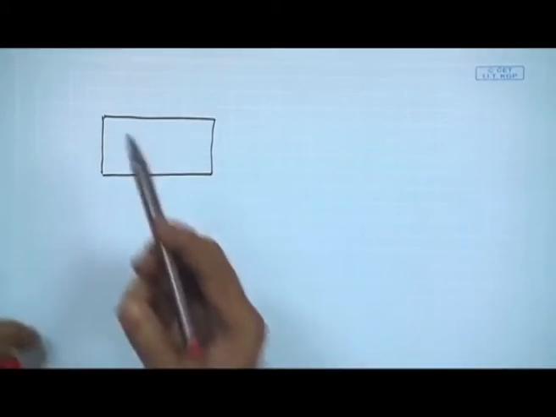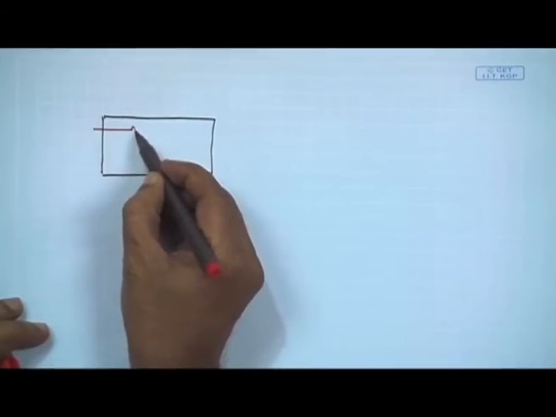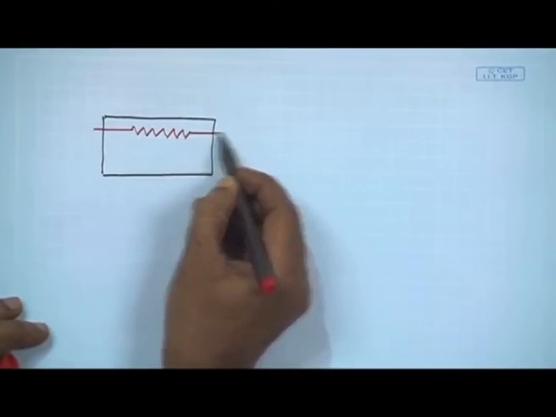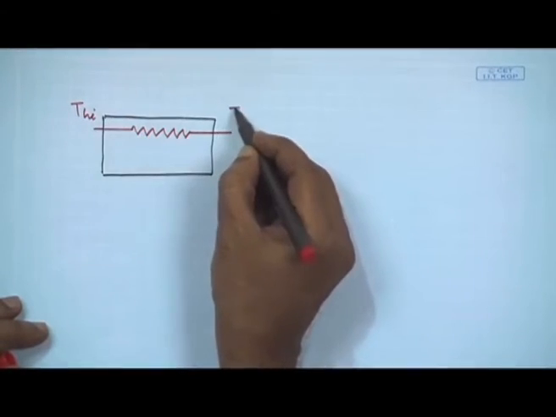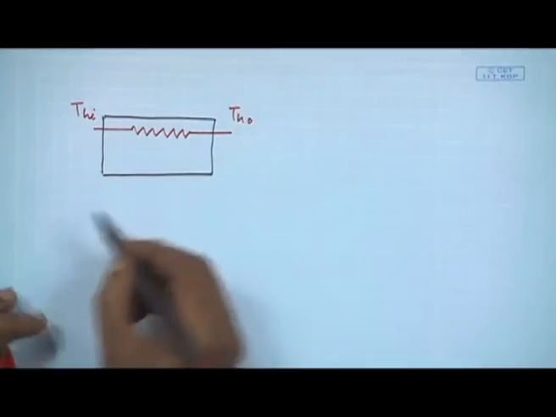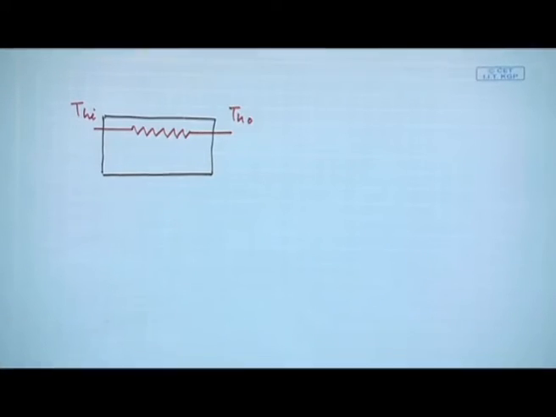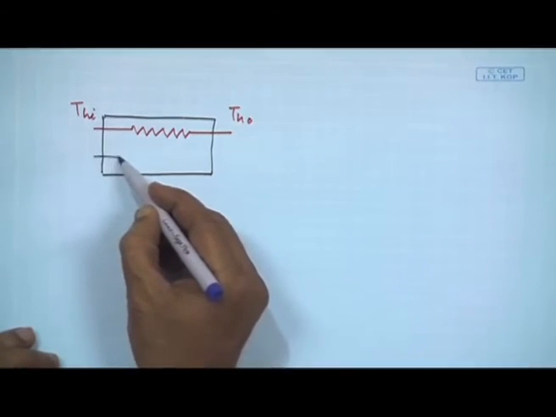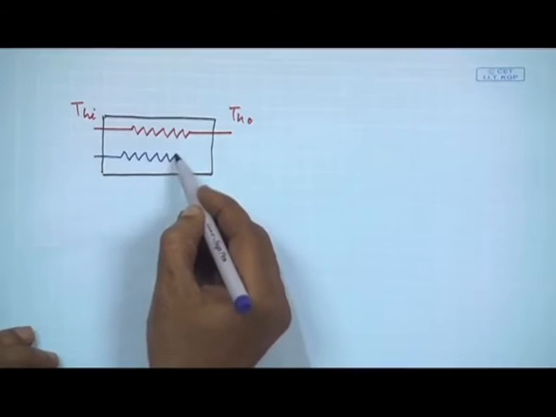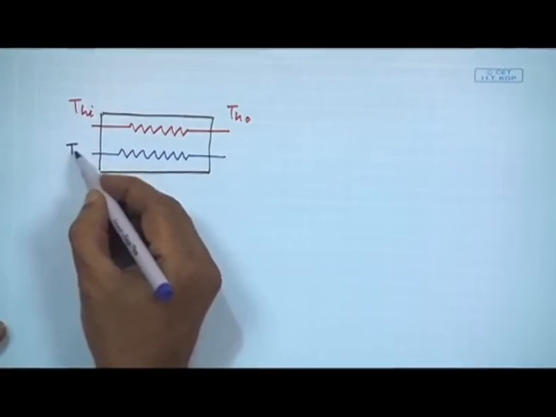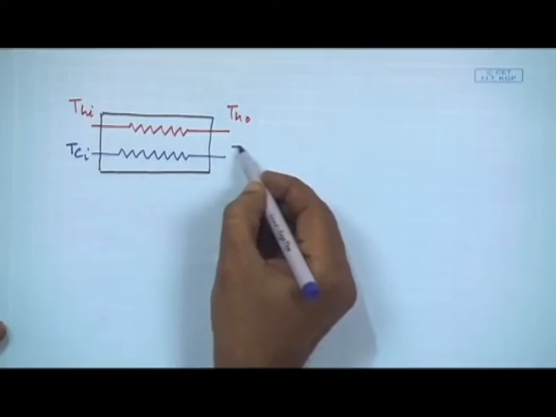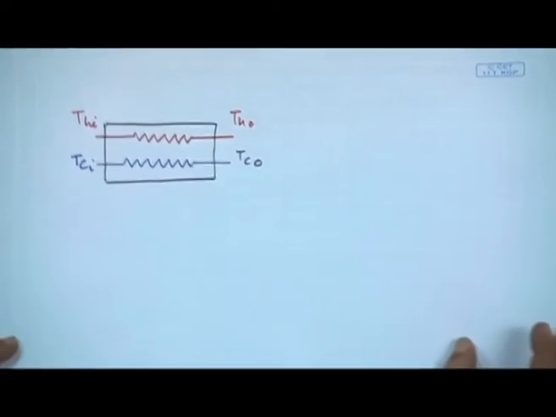So, let us say these are two arrangements. This is T_HI, T_HO, and then T_CI, T_CO.